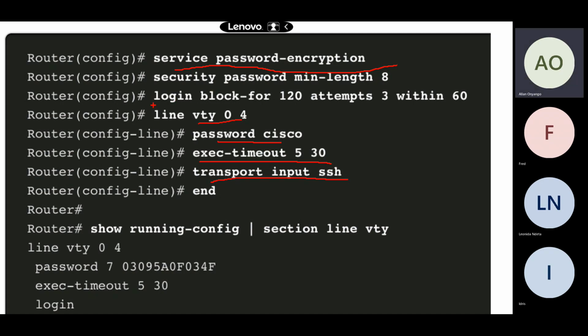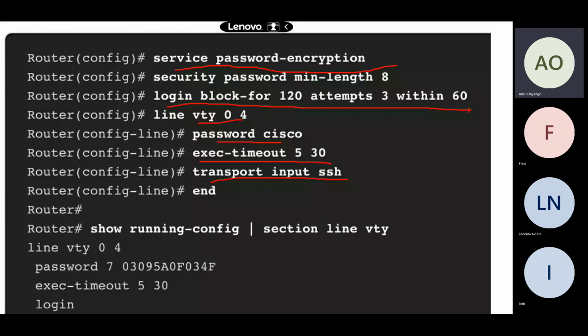Then this is a bit longer. There's a new command here, which says login block-for 120 attempts 3 within 60.